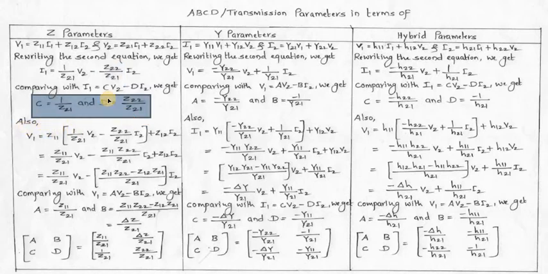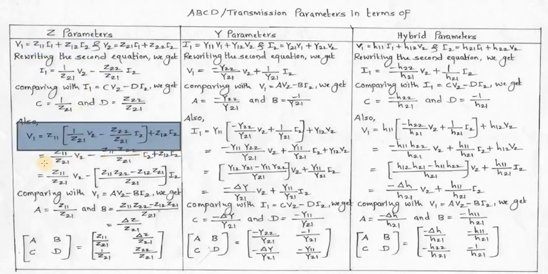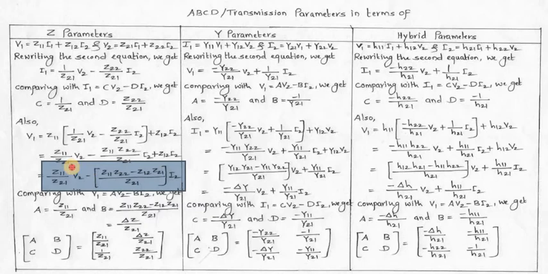If I then substitute the expression obtained over here in the first expression, I get V1 in simplified form, which is expressed in terms of V2 and I2.